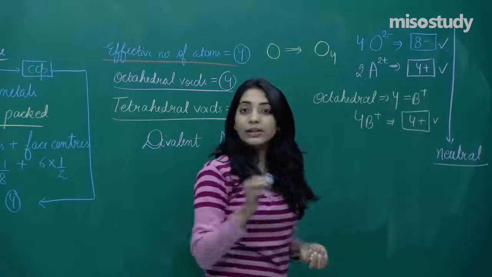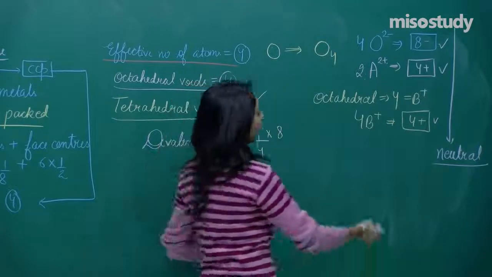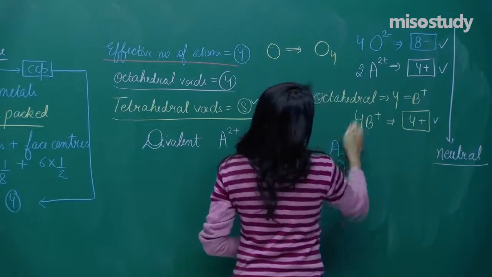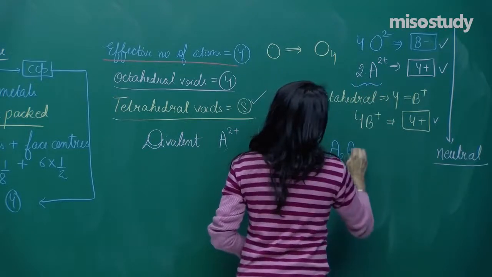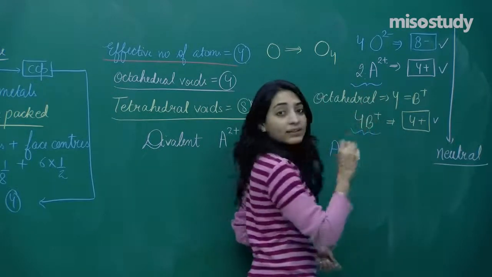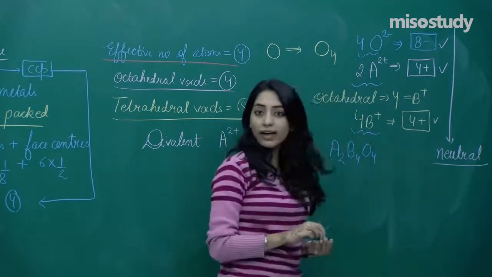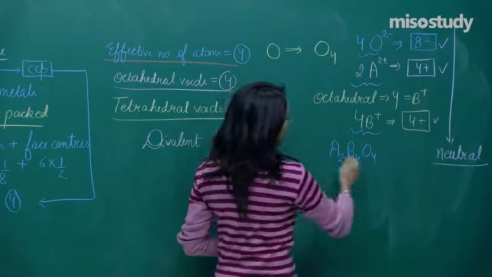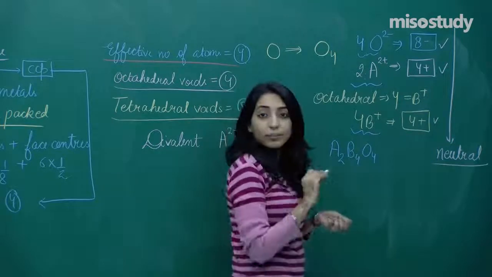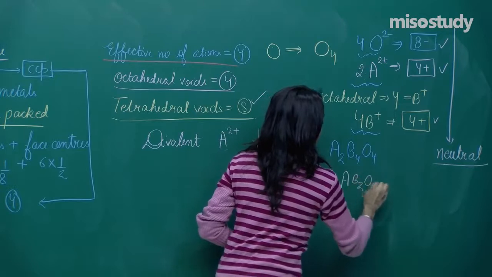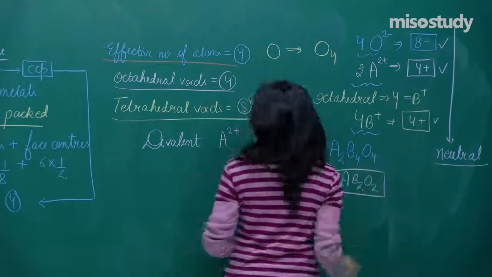Right? Now see, are we getting any formula of the compound? So we have A2, so 2A are there, B4, 4 B's are there, and O4, 4 O's are there, right? So if I figure out the final answer, let us make it simplified. So we will get AB2O2.